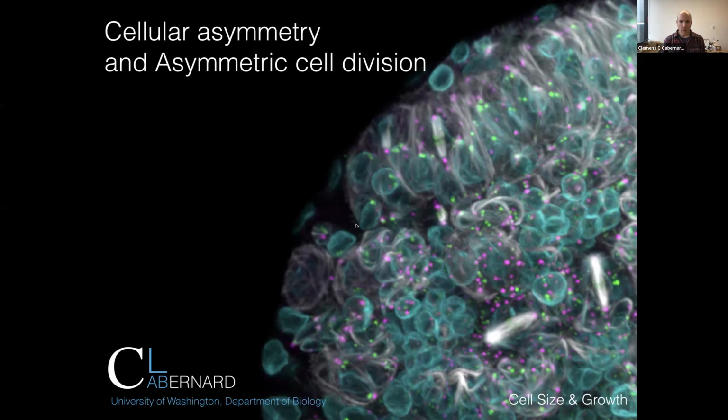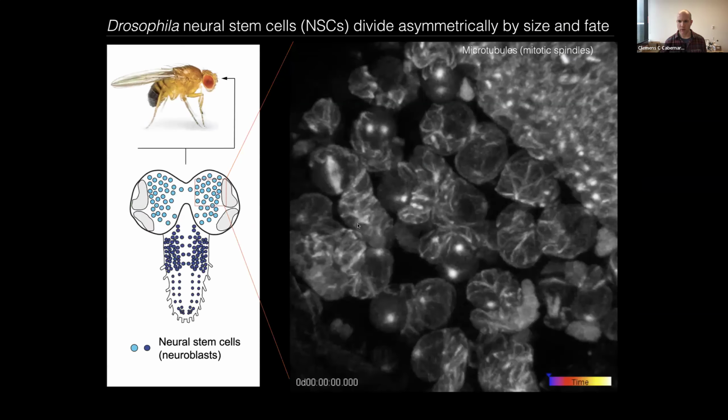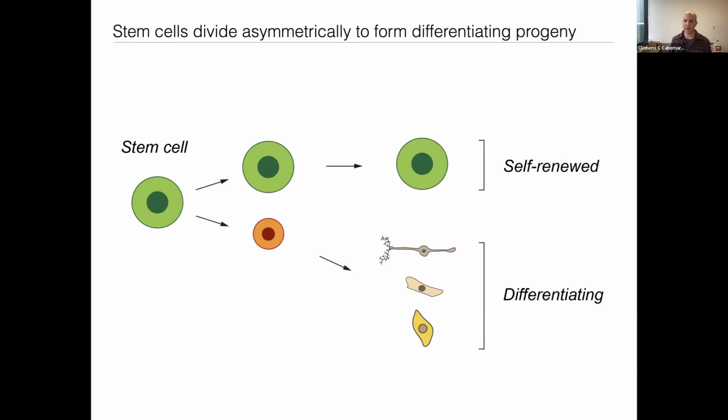So my lab works on asymmetric cell division, which you probably all know is a very important process to form differentiated sibling cells. So it happens in a lot of developmental contexts during embryogenesis, leaf development, skin differentiation, and whatnot.